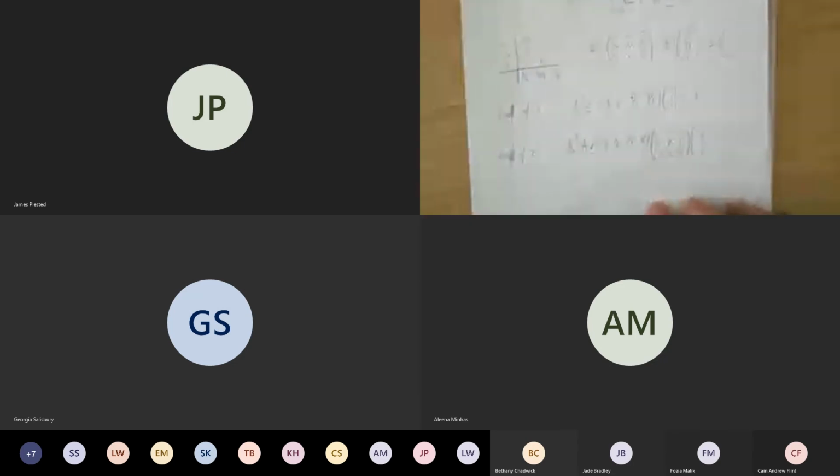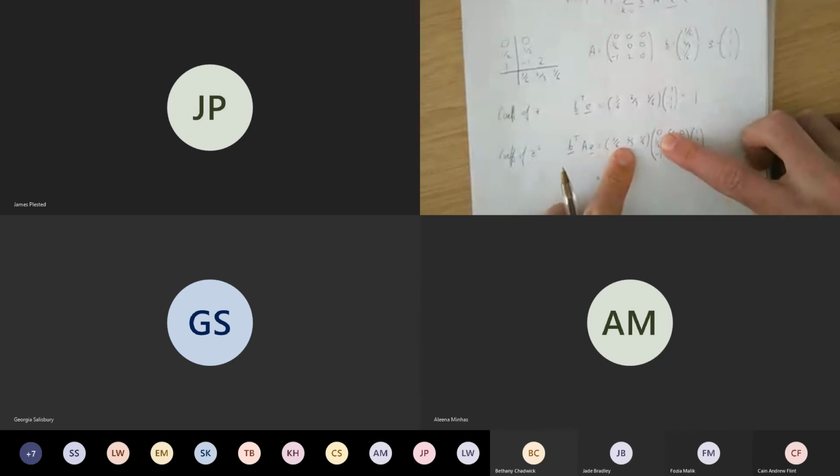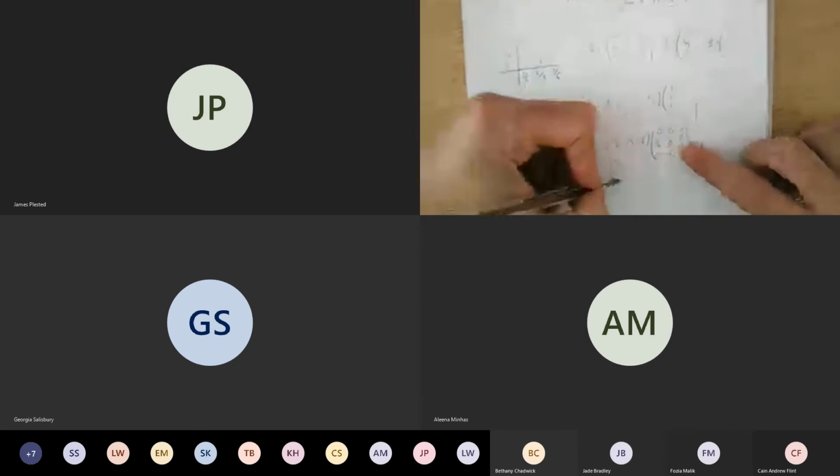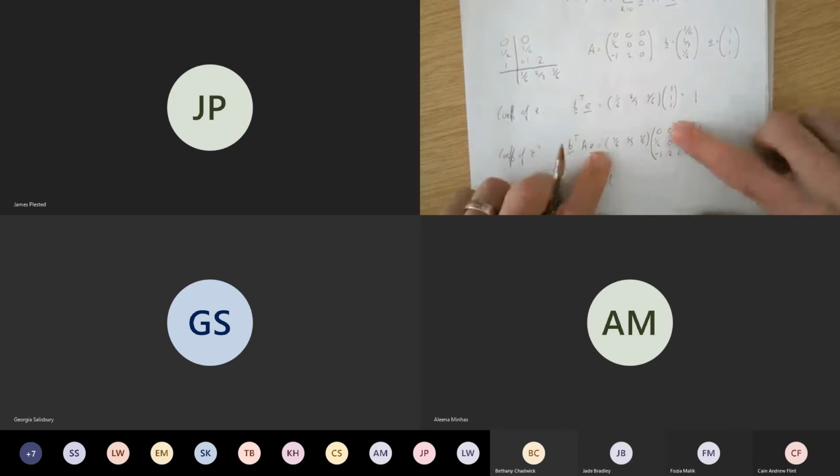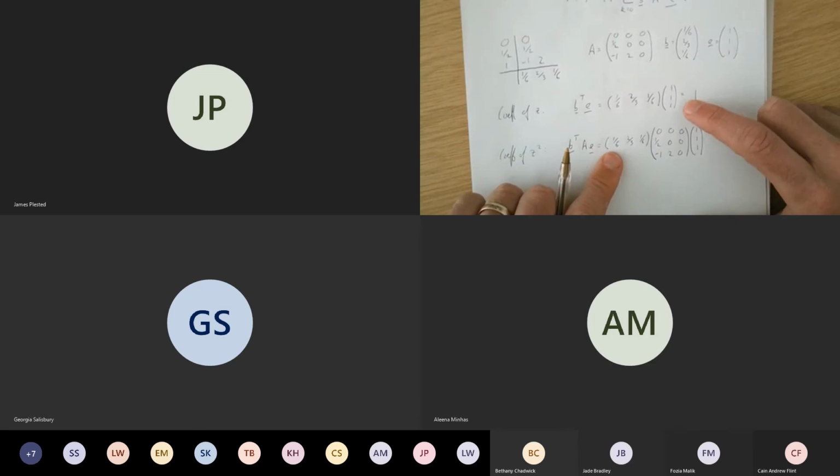Okay, so if I multiply these two together, I've got 1/3 and a 3/3, so that's going to give me a 1/3. So I've got 0 plus 1/3 minus a 6th. Sorry, I'll do that again.